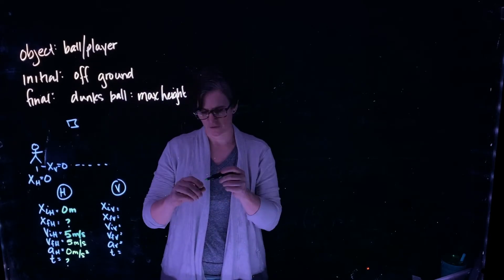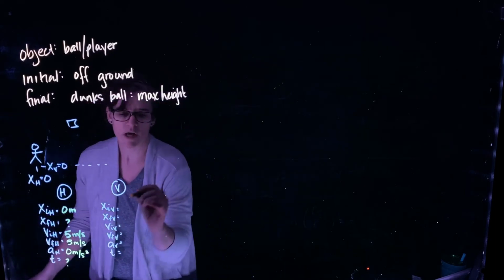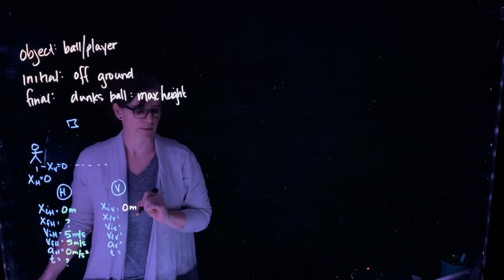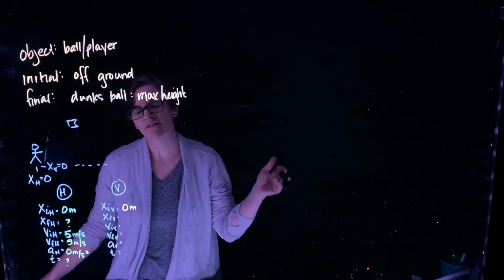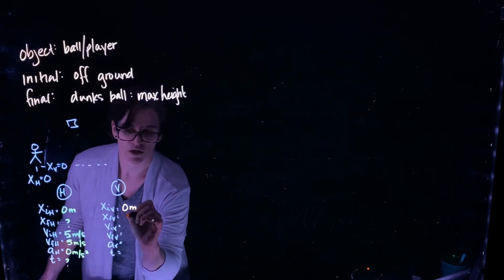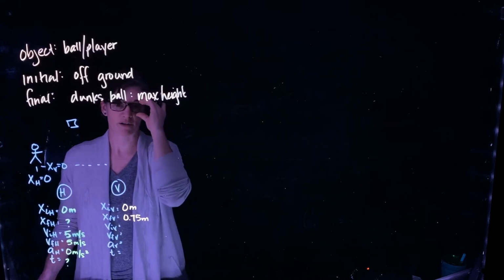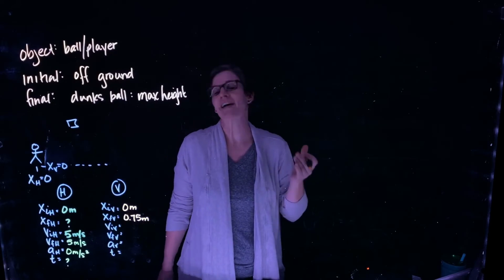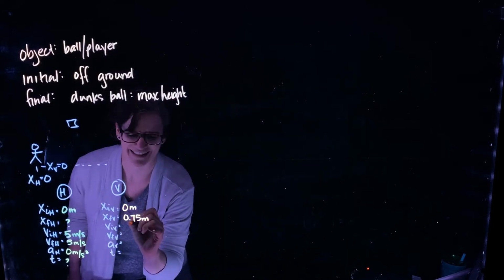Well, what about vertically? Well, we've defined the origin at the ground, so we know that he starts at the origin, 0 meters. The problem tells us he has to jump 0.75 meters to reach the basket at his maximum height. So his final position is going to be 0.75 meters. We're interested in knowing how fast he has to jump off that ground vertically in order to reach that basket to dunk.